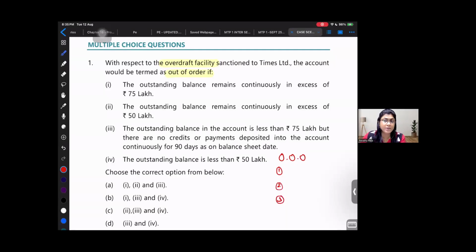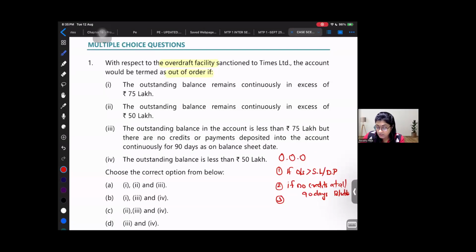First, an account will become out of order when: 1. If the outstanding amount exceeds the sanction limit or drawing power. Second, if there are no credits at all for 90 days as on balance sheet date, year end.